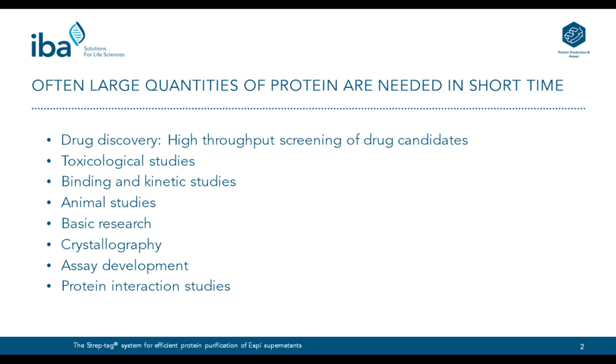You want to start with your experiment as quick as possible. Another experiment is crystallography, where you usually are fine with a few milligrams of protein, or the assay development, and finally protein interaction studies.